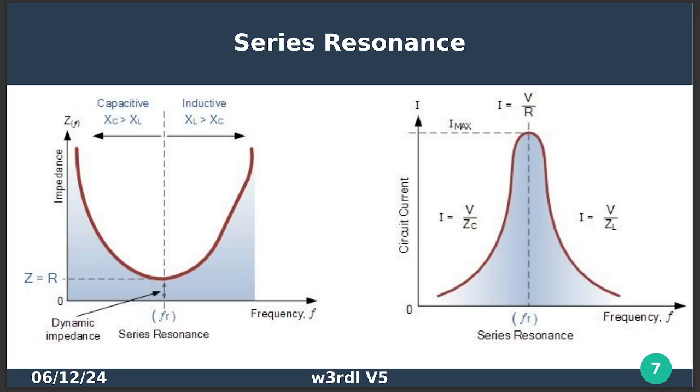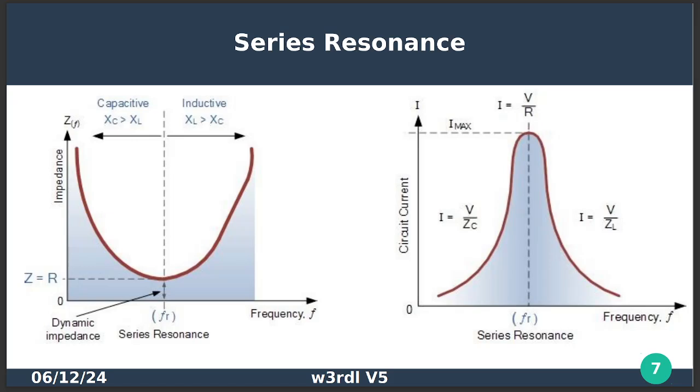Yeah. Oh, so the one on the right is supposed to be parallel resonance. Okay. Yeah, it's just labeled wrong. Okay, so what Bob was saying is, what's that? Circuit current.